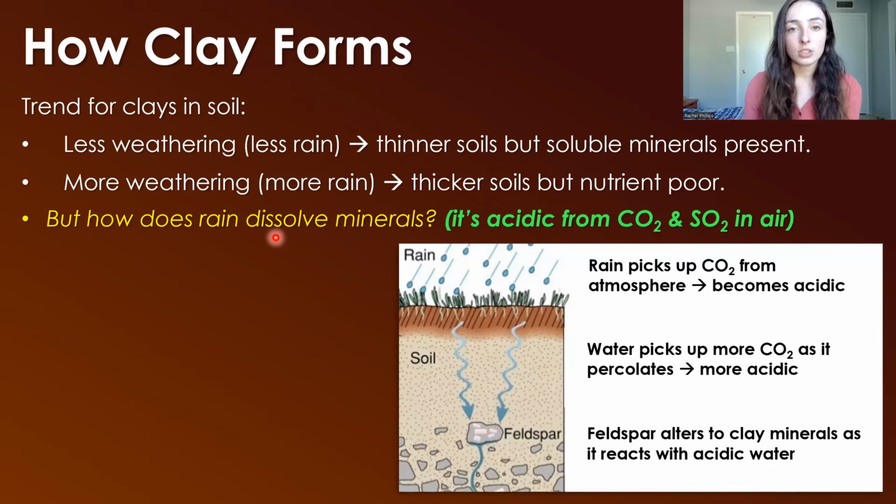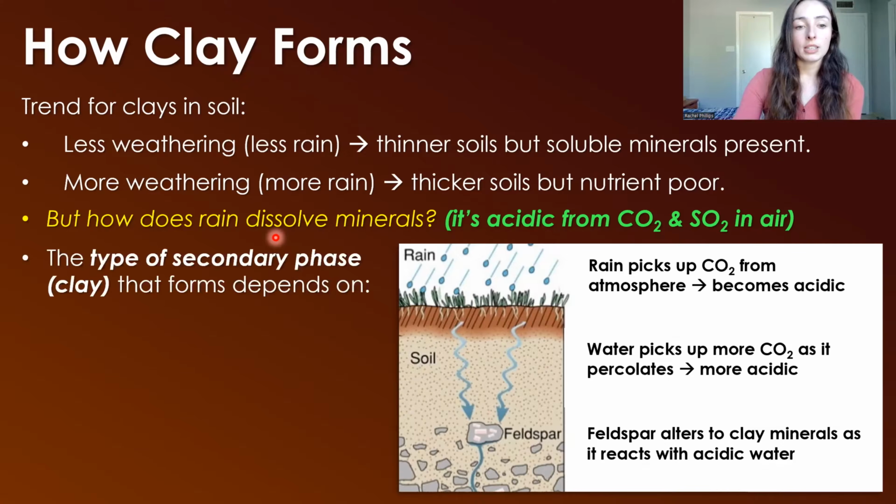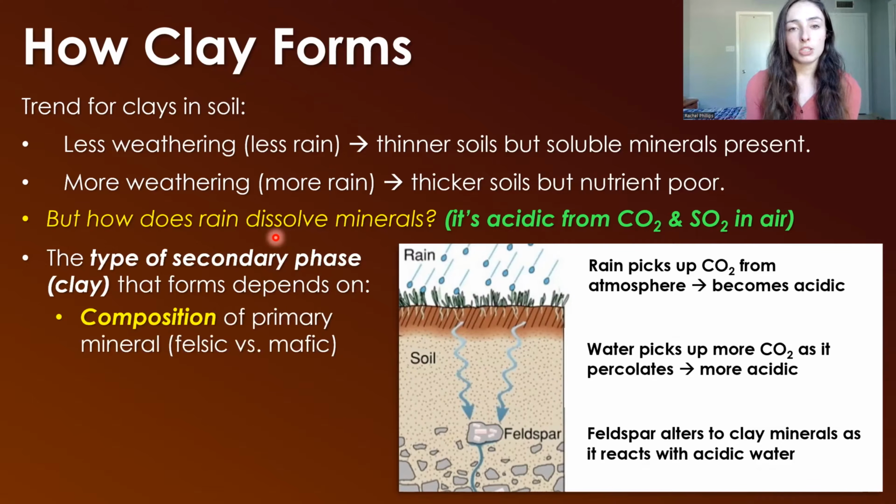That's how it initially dissolves the original minerals, because it reacts with carbon dioxide and sulfur dioxide in the atmosphere to form sulfuric and carbonic acid that dissolve rocks. And the type of secondary phase that forms after this dissolution process, aka the type of clay mineral that forms, is dependent on the composition of the primary mineral, or the original mineral that becomes altered and dissolved.